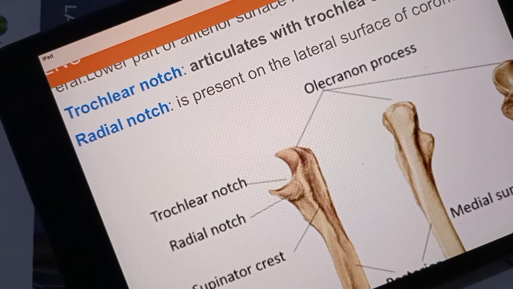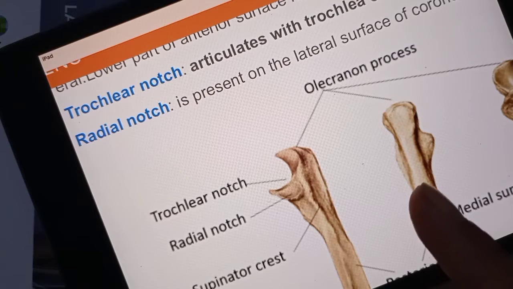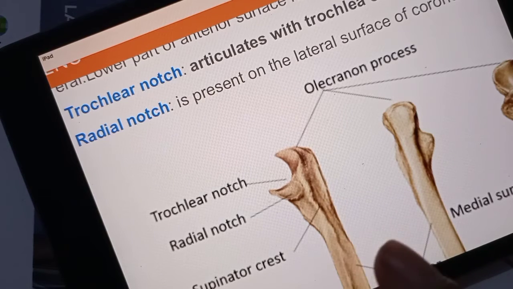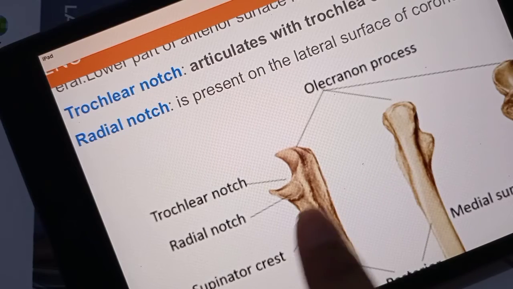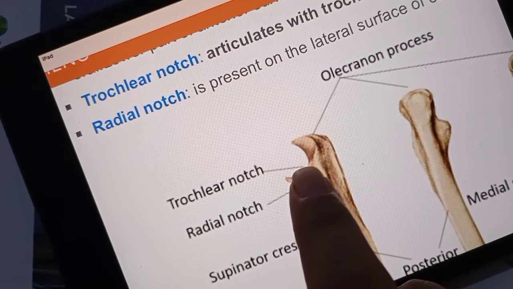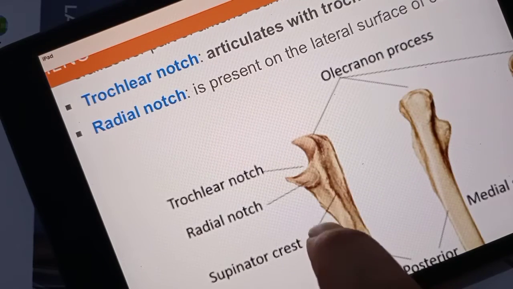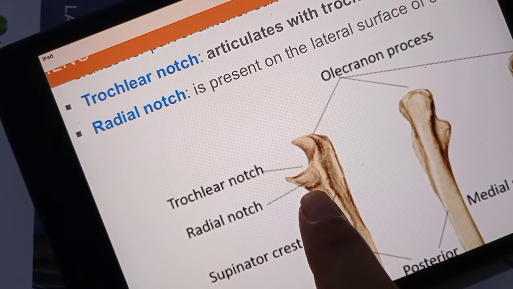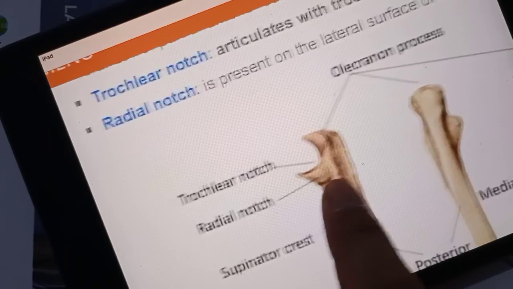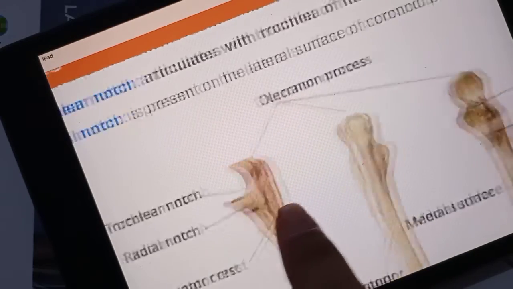We should know that the head of the radius articulates both with the humerus and the ulna. Similarly, the ulna articulates both with the radius and the humerus. So the trochlear notch is for the humerus articulation and the radial notch is for the radius articulation. The radius articulates sideways with the ulna.